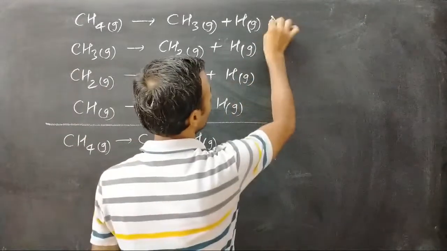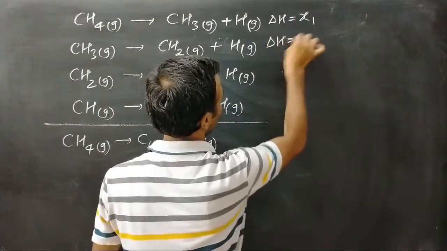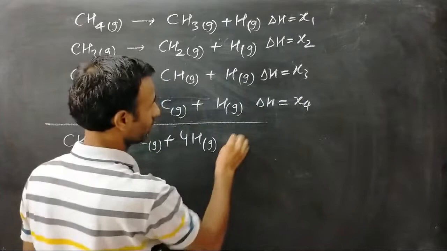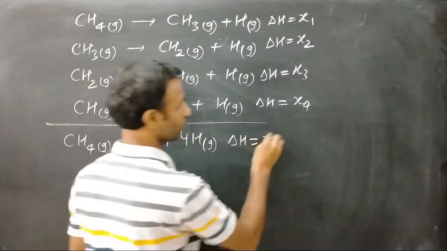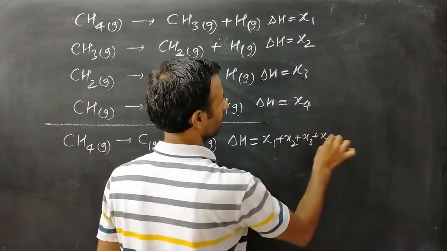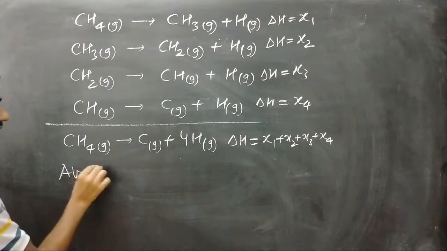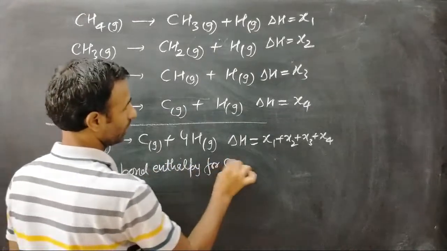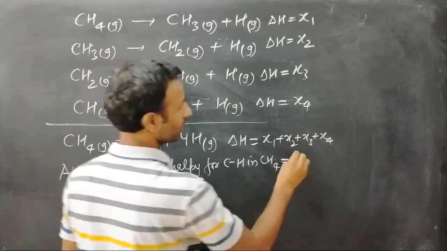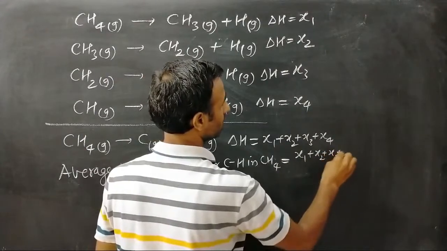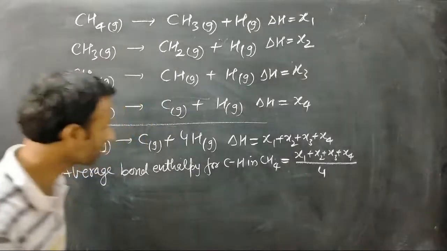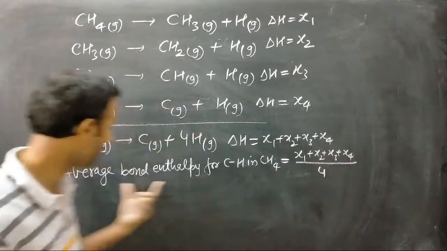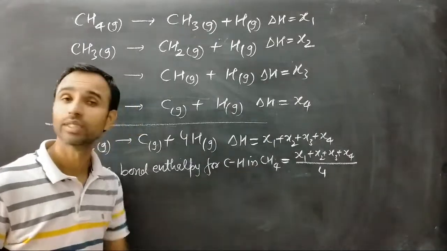Let us take delta H for the first as X1, second X2, third X3, fourth X4. So delta H for this is X1 plus X2 plus X3 plus X4. But to calculate the average bond enthalpy for CH in CH4, that is X1 plus X2 plus X3 plus X4 divided by 4, because there is a breaking of 4 CH bonds.